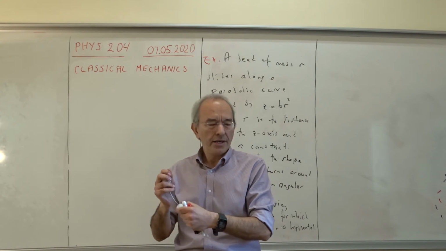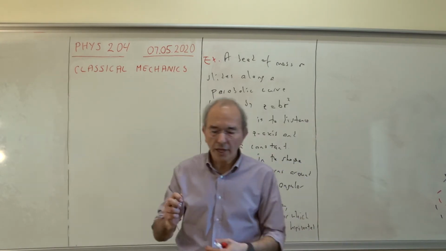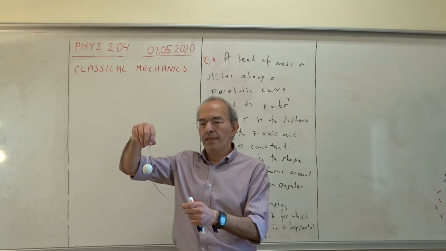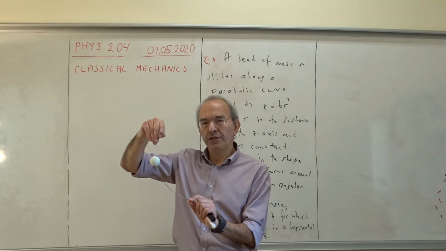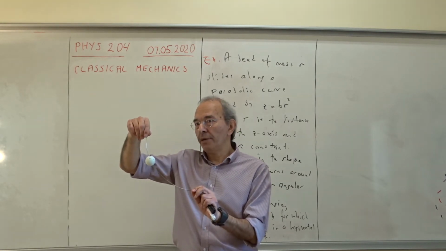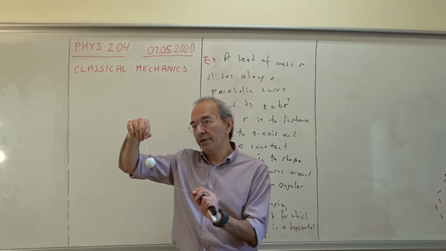However, if you try to rotate this system, of course, the lower point is fixed. It is the origin. This point is fixed. But the upper part is z equals b r squared, in the form of that function.